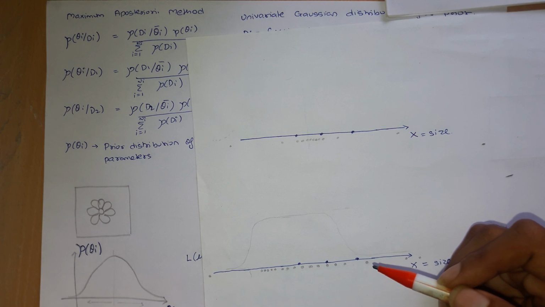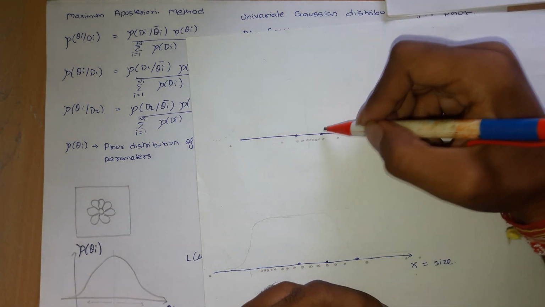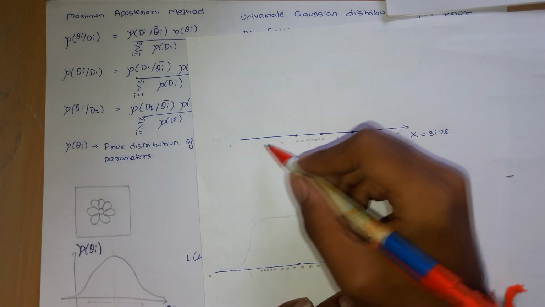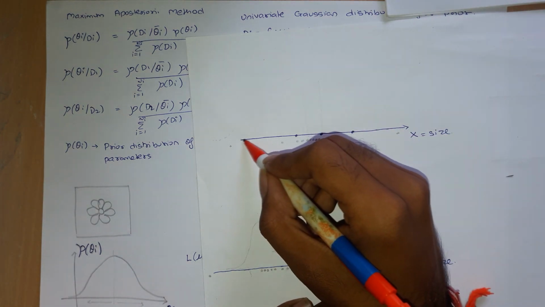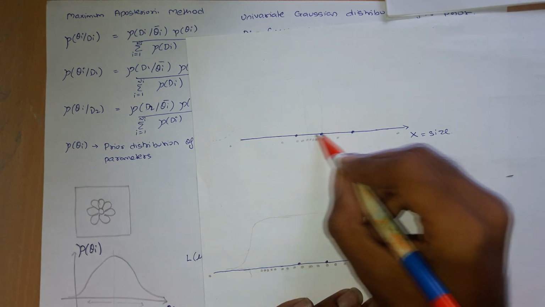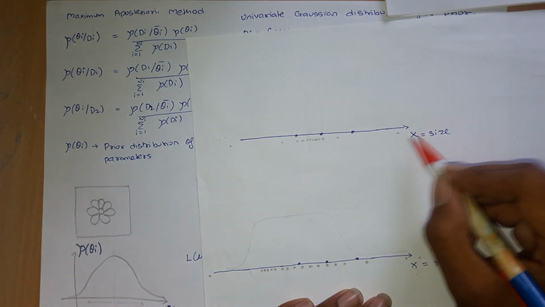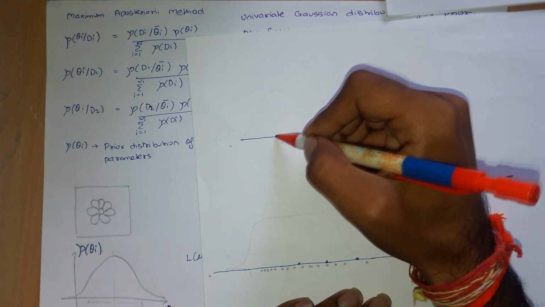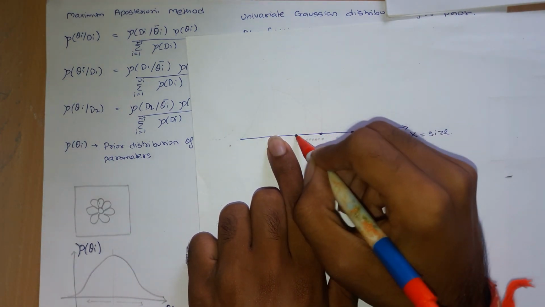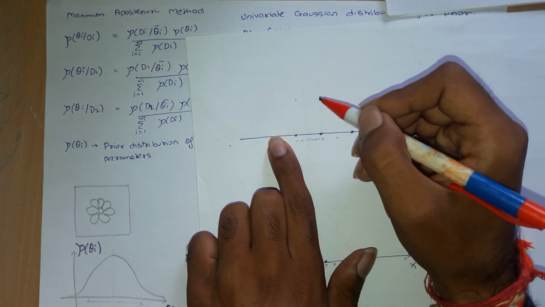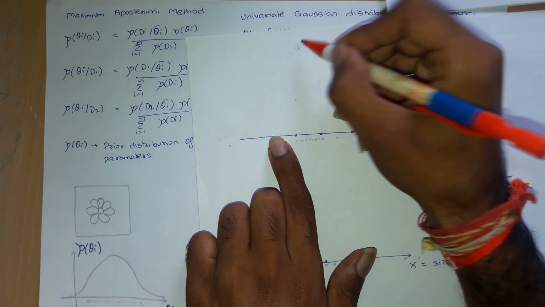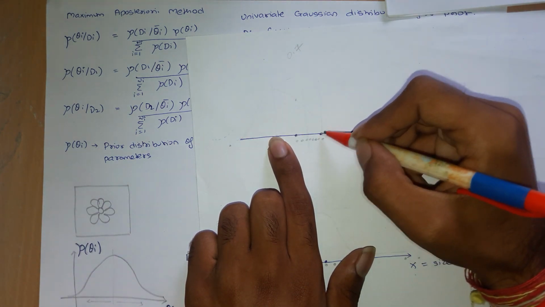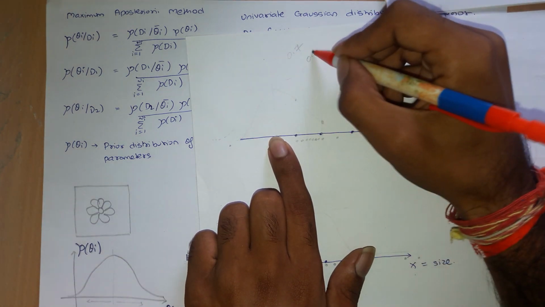But according to the ML estimation, this is the mean you would get, because what you would do essentially is find the mean for every value of x. You take a Gaussian like this which has its mean over here. You calculate the probability for this sample, and it will be somewhere here, say 0.7. Then you calculate the probability of this Gaussian with respect to this sample, say this is 0.3.